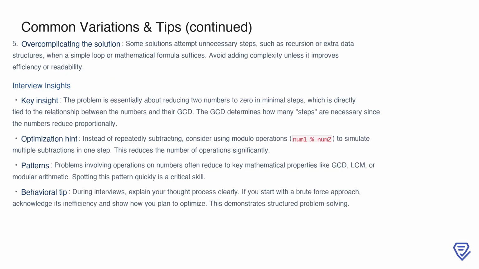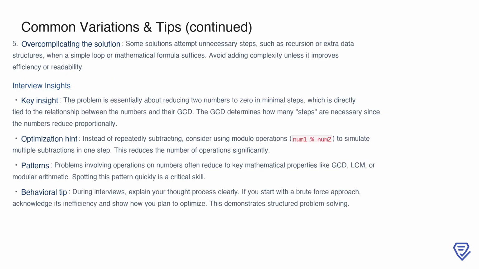From an interview perspective, the central insight here is understanding that the number of operations needed to reduce both numbers to 0 is directly tied to their GCD. Recognizing this relationship allows you to minimize steps efficiently. A useful optimization is to replace repeated subtractions with modulo operations. This simulates all required subtractions in a single step, drastically improving performance.